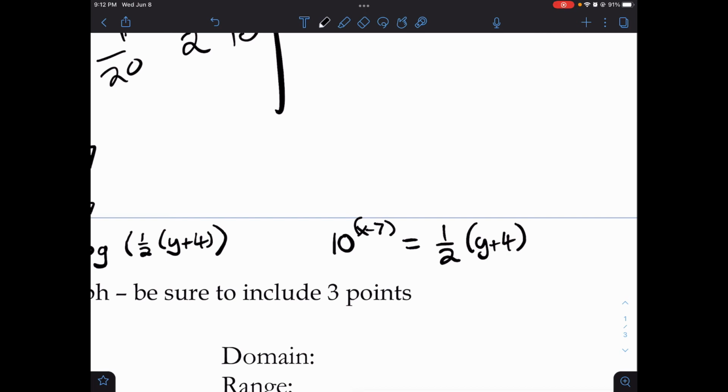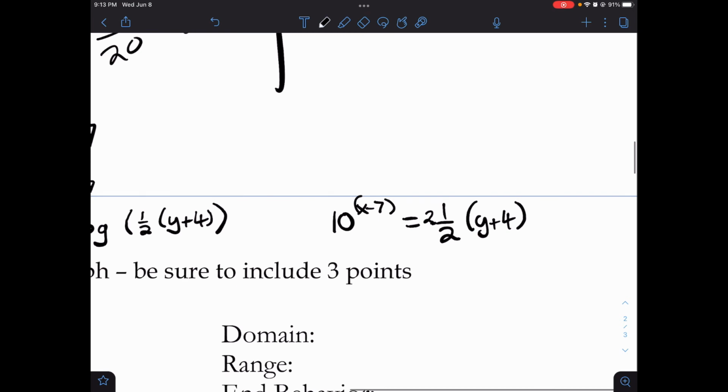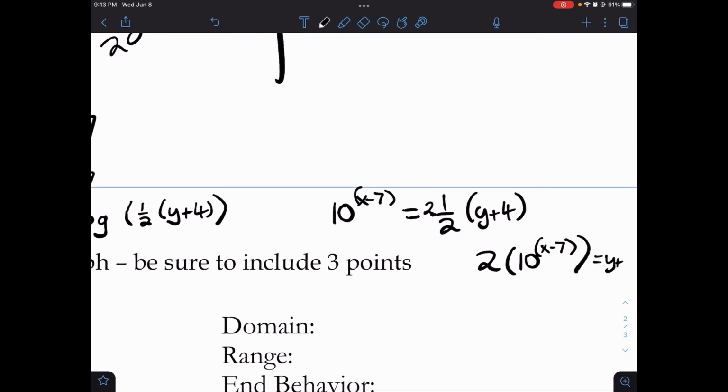So now we have to get rid of this 1/2, so times 2. So we get 2 times 10 to the x minus 7, which is all equal to y plus 4.